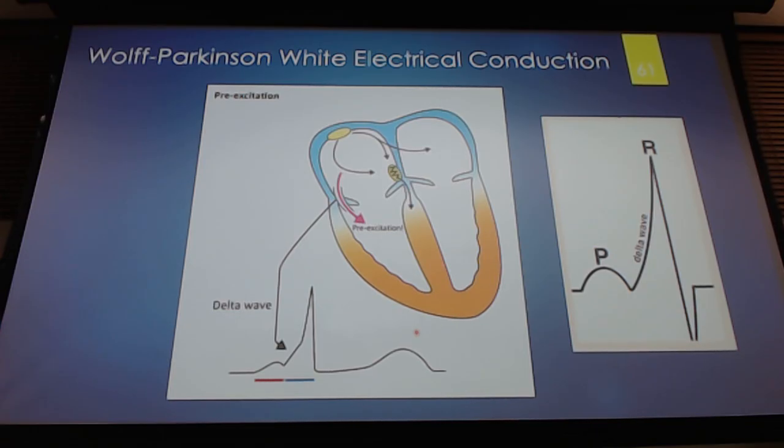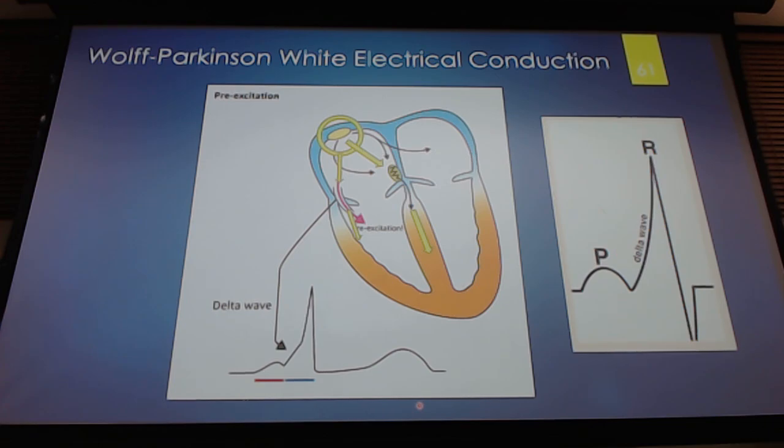So with Wolff-Parkinson-White, we have that accessory pathway, on the right or left side. We have depolarization occurring in a normal fashion, from the SA node down to the AV node down to the ventricle. But you also have some of that depolarization going down through that accessory pathway.